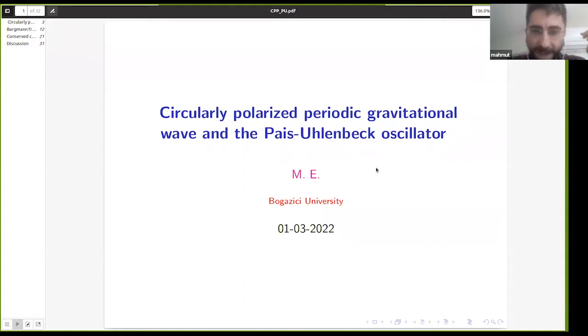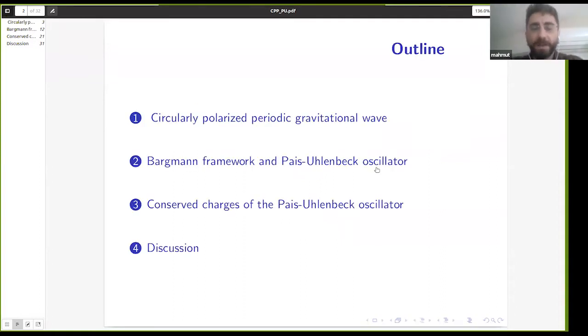Now I start, okay? The scope of the talk is, first, in the first section, I will give you a definition of a four-dimensional circularly polarized periodic gravitational wave. For the scope of this talk, the most important thing is the symmetry properties of this gravitational space-time. It is a four-dimensional space-time with a definite metric, which I will give you.